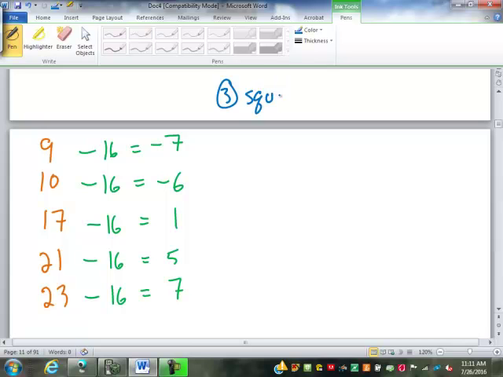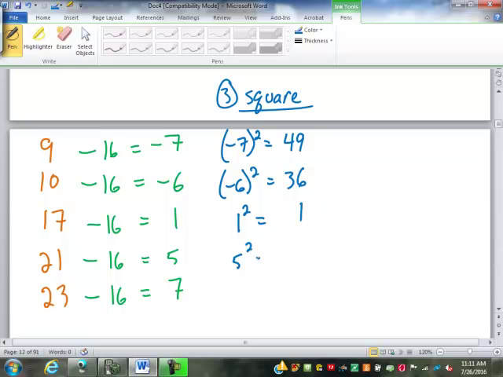What's step 3? Not square root, but square. So negative 7 squared is 49. Negative 6 squared, 36. 1 squared, 1. 5 squared, 25, and 7 squared, 49.